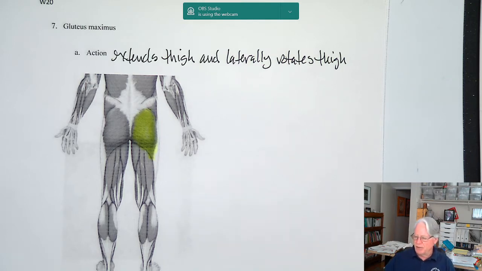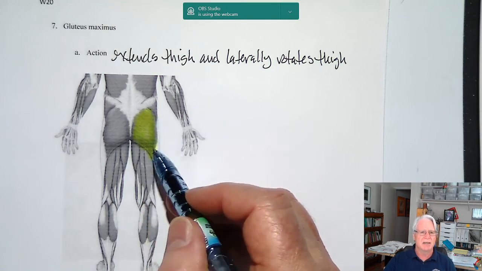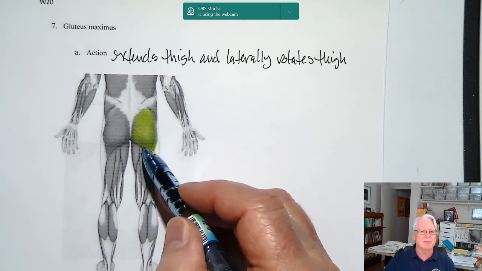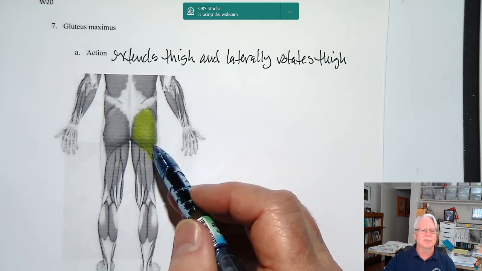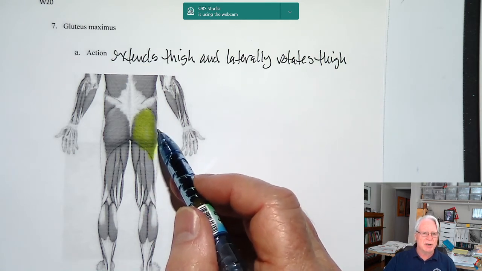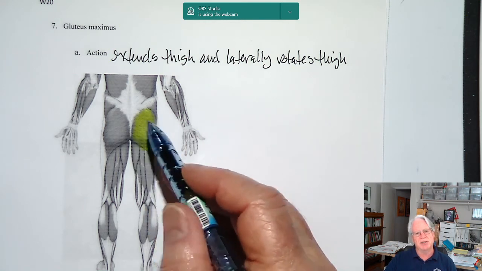But getting back to the gluteus maximus, this is a very large muscle proportionate to our body in humans, much larger proportionate to our bodies than other mammals. And the reason is because this muscle is very important in our standing erect position.